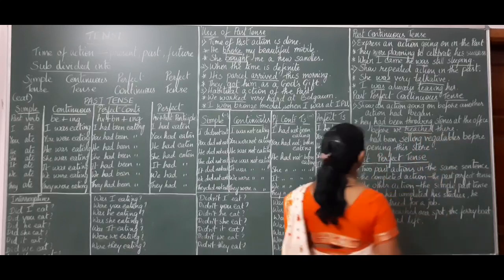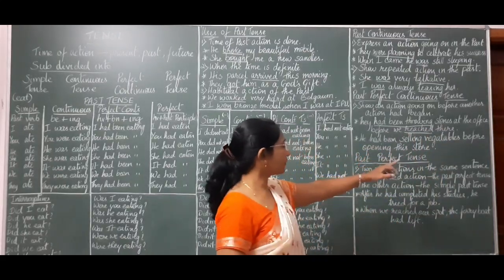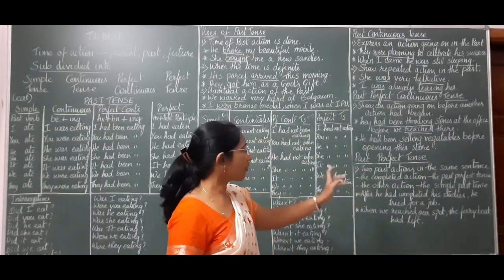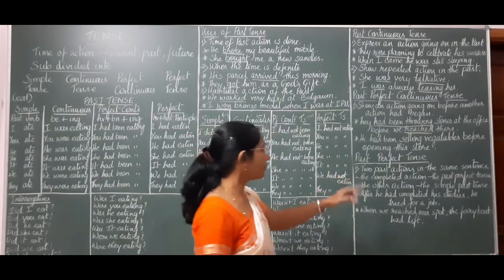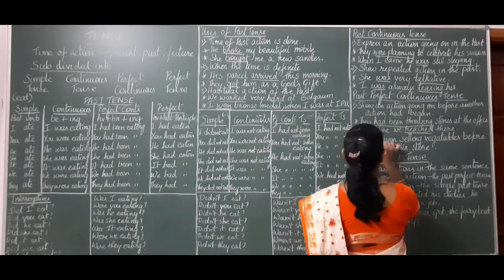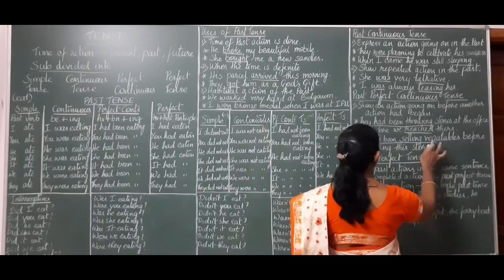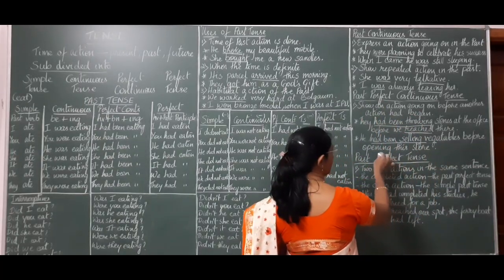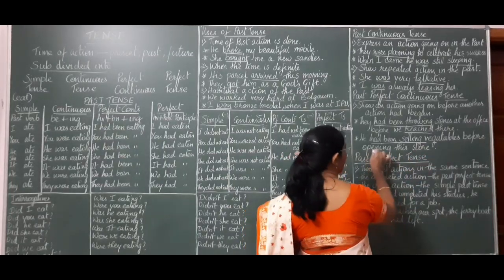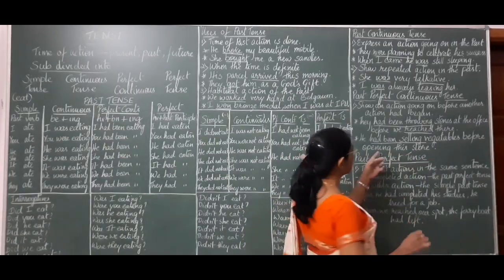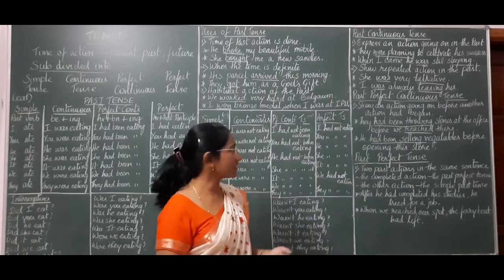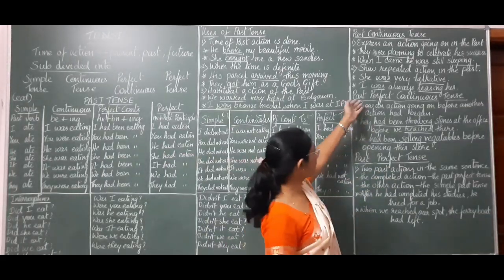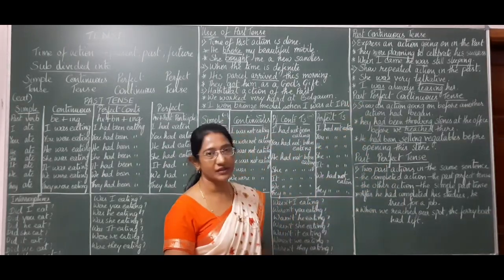Next one, he had been selling vegetables before opening this store. Had been selling shown in past perfect continuous tense, and the next action before opening this. So before opening this is the next action which has just begun. So such an action can be shown with the past perfect continuous tense.